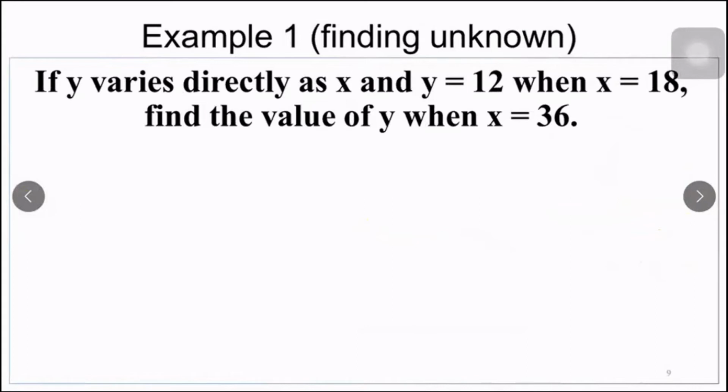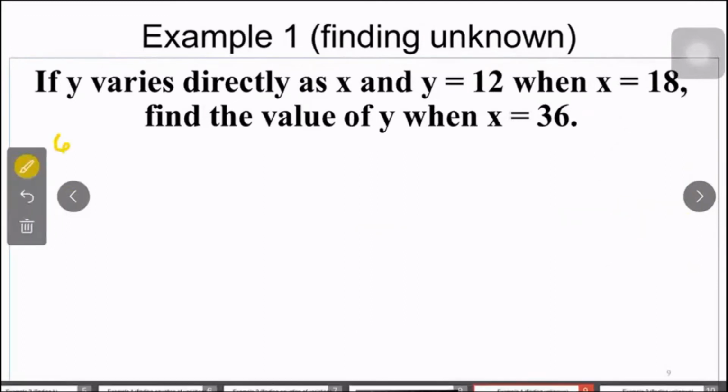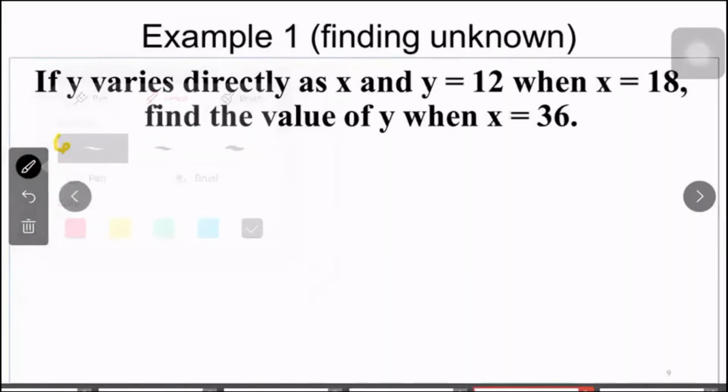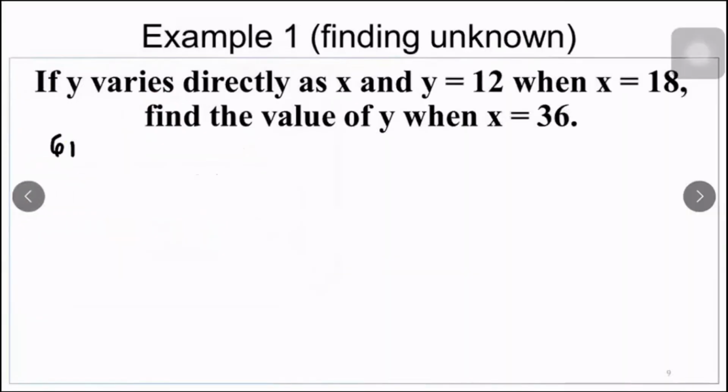According to here, if y varies directly as x and y is equivalent to 12 when x is equivalent to 18, find the value of y when x is equivalent to 36. Let us solve this one, and always remember the first thing to do is identify the given. Laging tandaan, puro given lagi ang una natin.